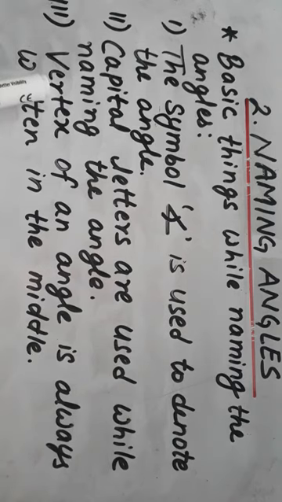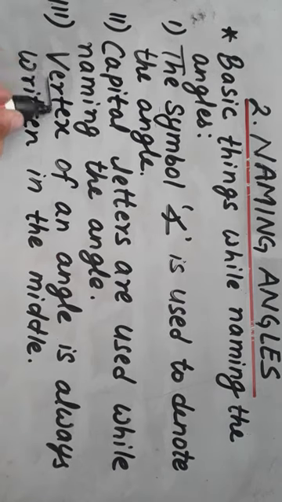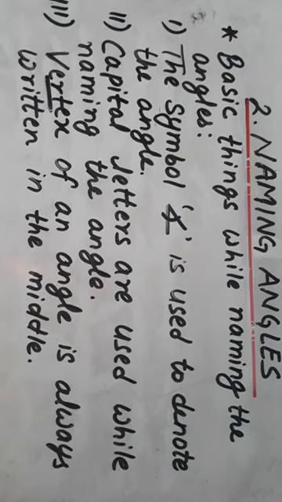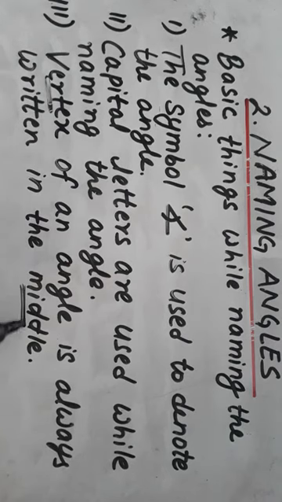So students, vertex of an angle is always written in the middle. As I have already told you, what is vertex? Vertex is simply the common point, the meeting point of the two arms. While naming the angles, vertex must lie in the middle.